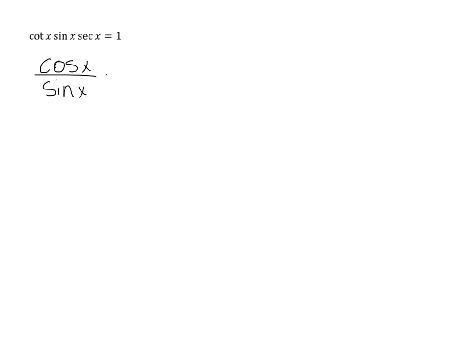We're multiplying by sine of x. So to make things simpler on me, I will write this as the sine of x over 1. And then again, we're multiplying that by the secant of x. So when I rewrite that, that becomes 1 over the cosine of x. And I'm proving that that's equal to 1.